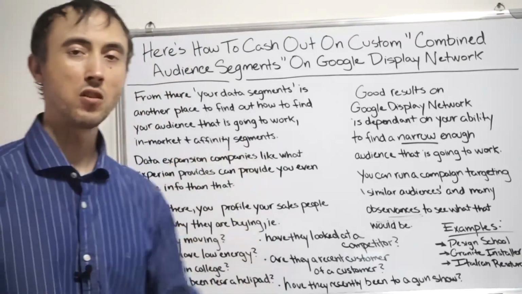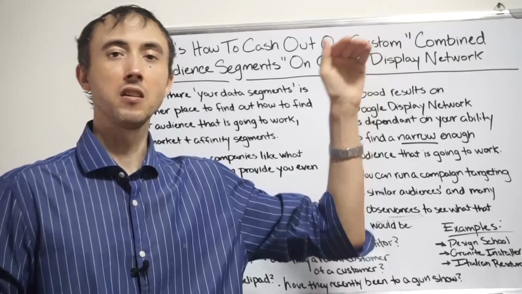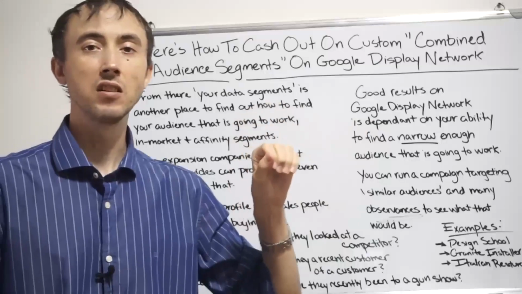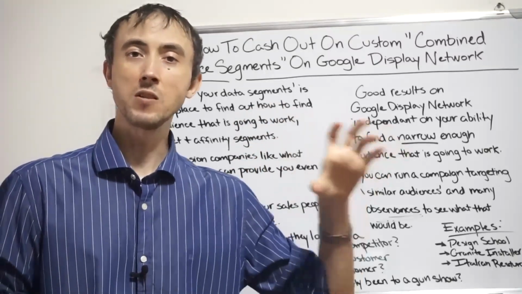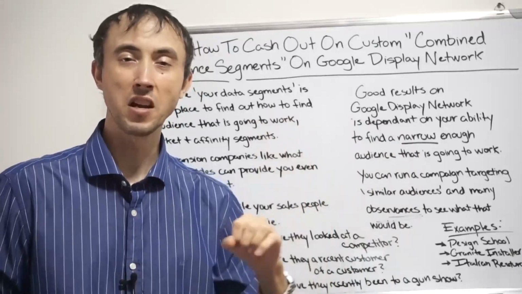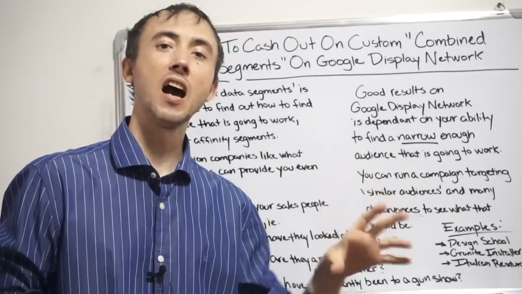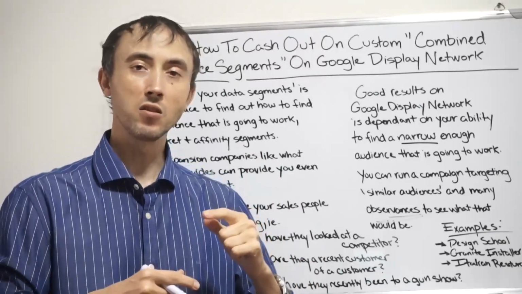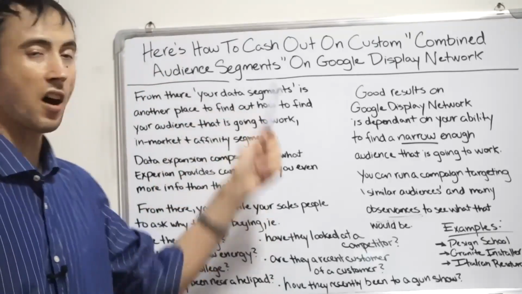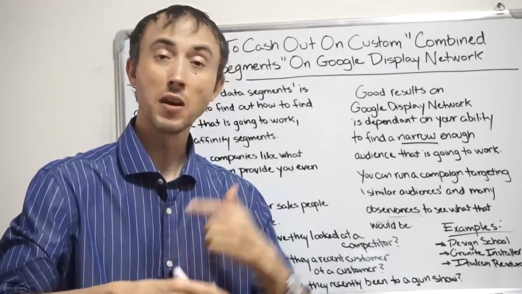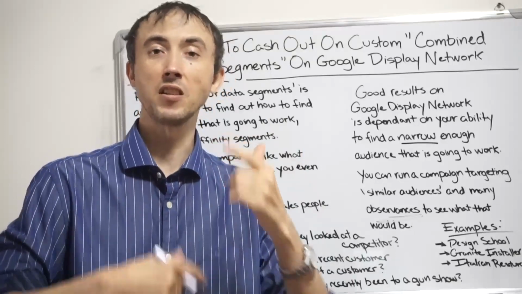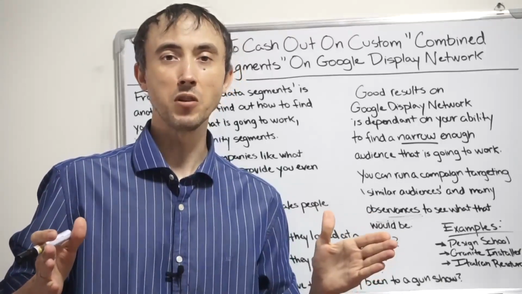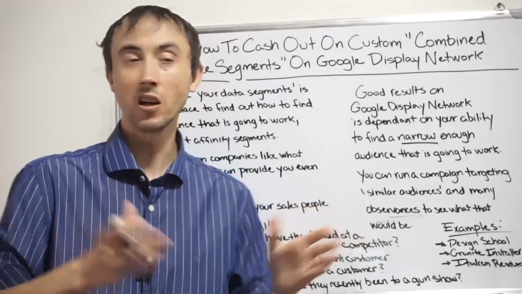Or you could also, under your data segments, select on the top part of the screen people who just converted into a lead or converted into a sale, and then Google gives you stats or information on what traits make those people who've been to your site or became customers unique. That gives you an idea of how to target your display campaigns, but also more specifically how to create a custom combined audience segment, combining those things to make it more and more likely that it's going to be profitable for you, given they're on multiple lists that are all relevant to people that come to your site and normally buy, and therefore more likely to work.